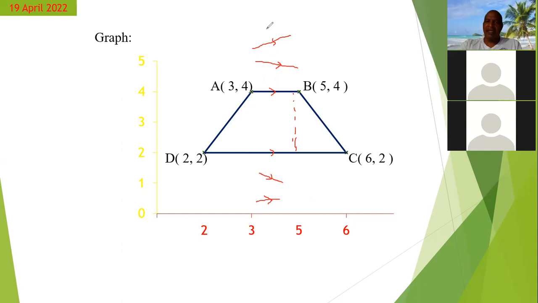So if you get the idea now about parallel lines, then when we talk about a trapezium, we say that a trapezium is a four-sided figure with two sides that are parallel and two sides that are not parallel. If you want to put it this way, opposite sides are parallel. So the side above would be opposite to the side below. So these sides are parallel.